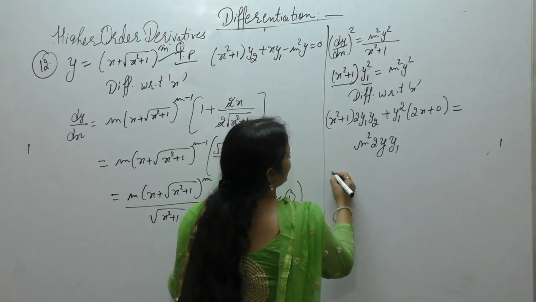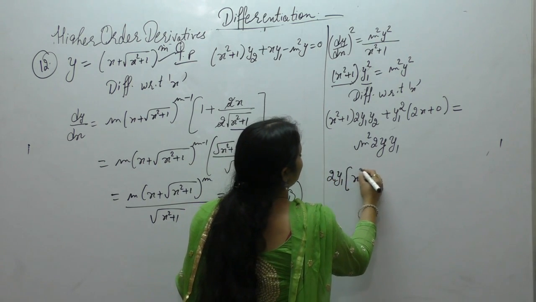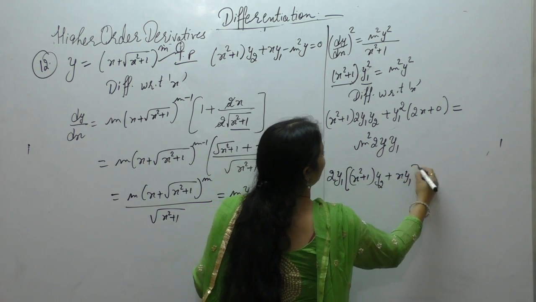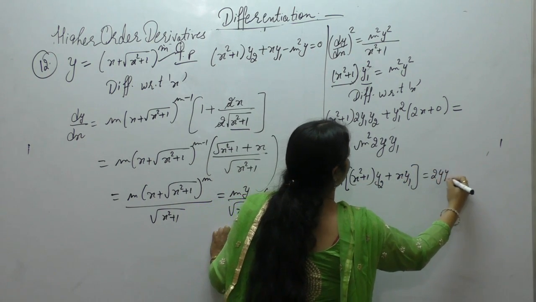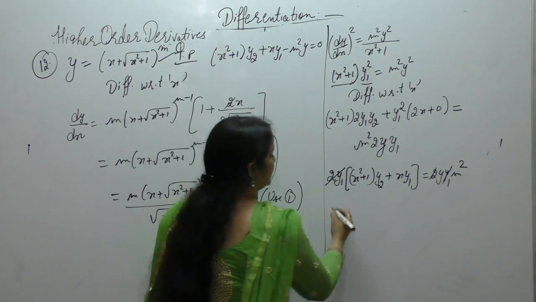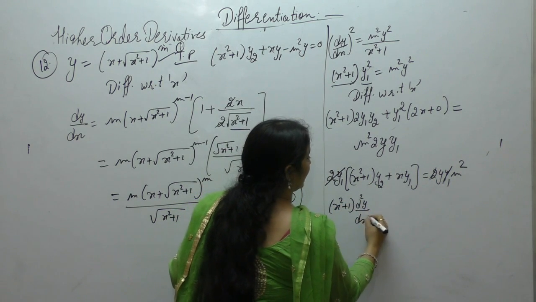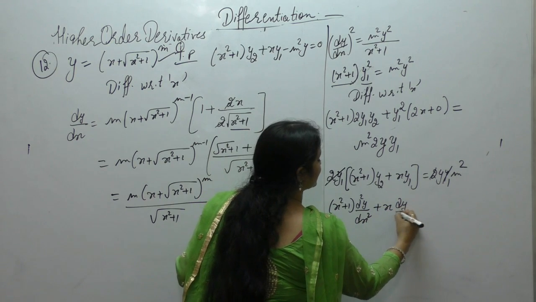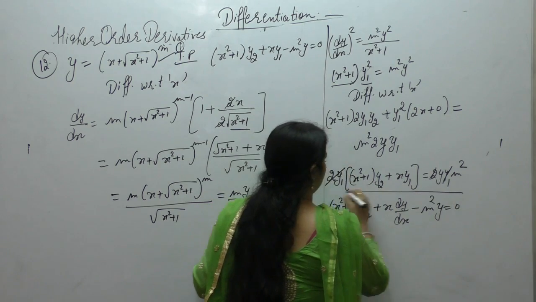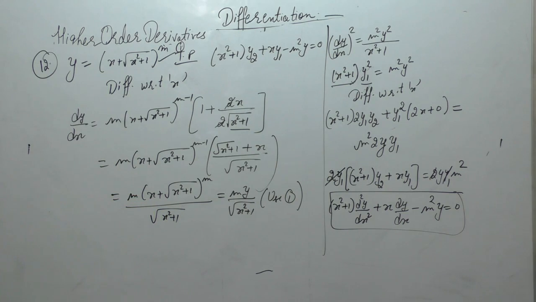So we can write it as 2y1 common from the left hand side, (x square plus 1) y2 plus x y1, equals 2y y1 m square. 2y1 will get cancelled from here. So we can write it as (x square plus 1) d square y upon dx square plus x dy upon dx minus m square y equals 0. Note it down.